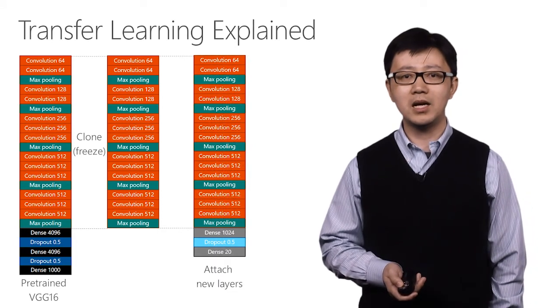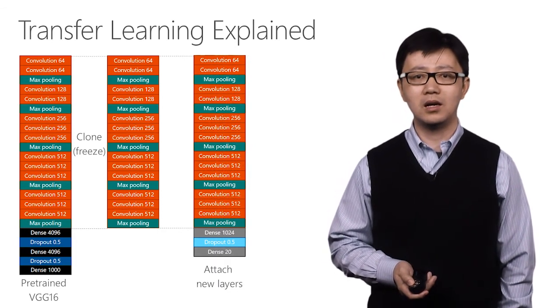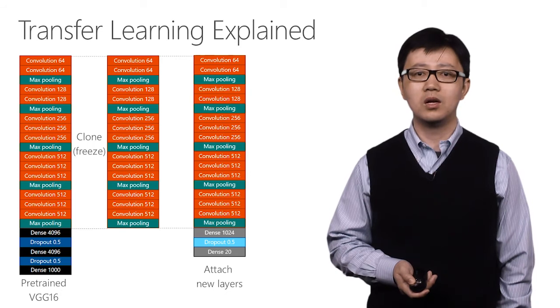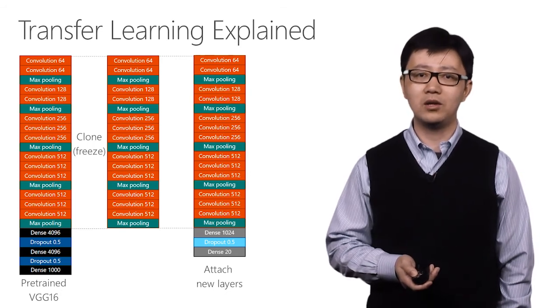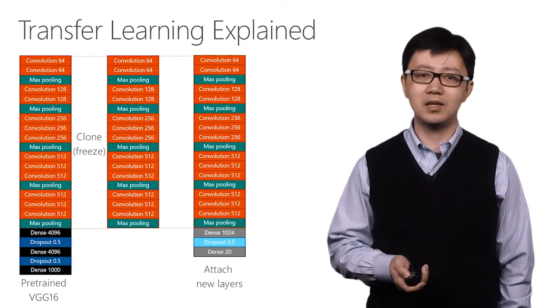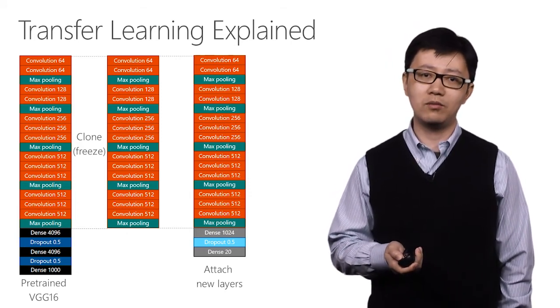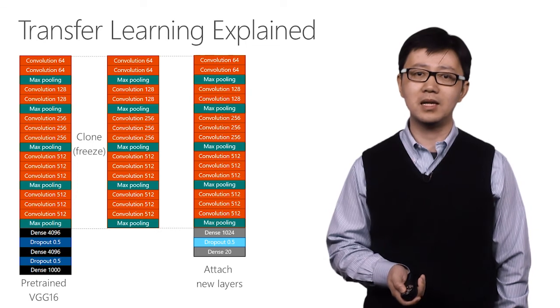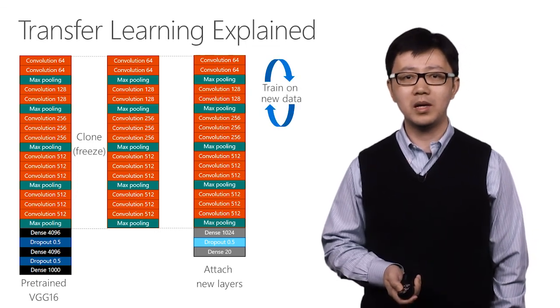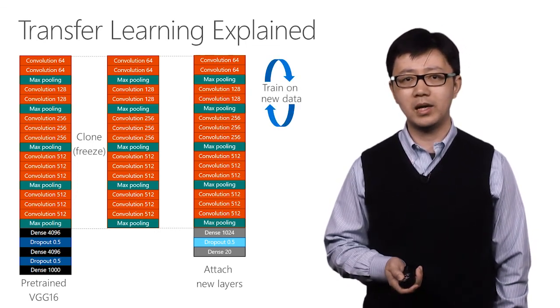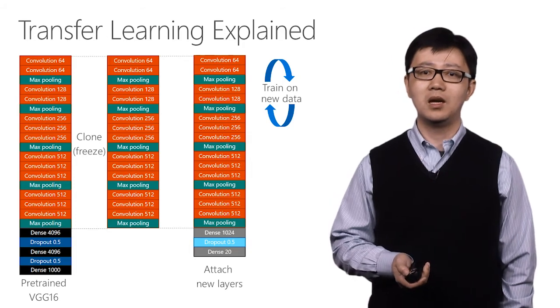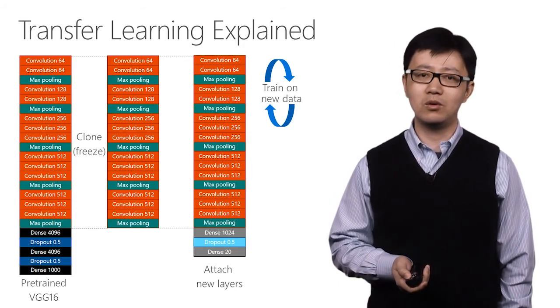Then we attach some new layers at the end in order to regress or classify your own problem. In this example, at the end, there is a dense layer of 20, which means you will have a classifier with 20 different classes. With this new model being calculated, you can do training on new data with your own data.